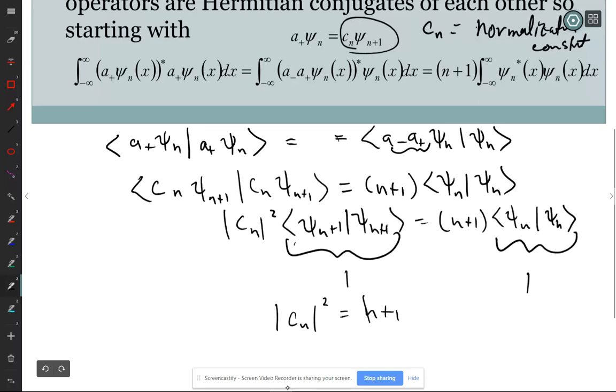So, nice. The factor to go from psi n to psi n plus 1, C sub n, must be the square root of n plus 1. So with the raising operator, we're going to do square root of n plus 1 for each step we go up.